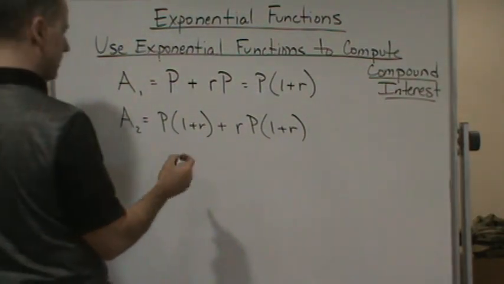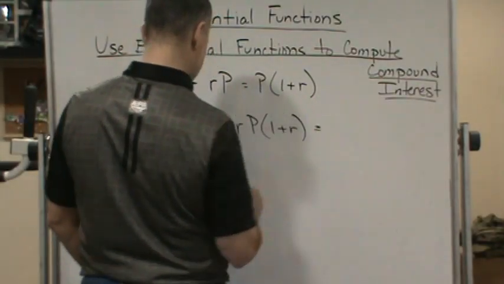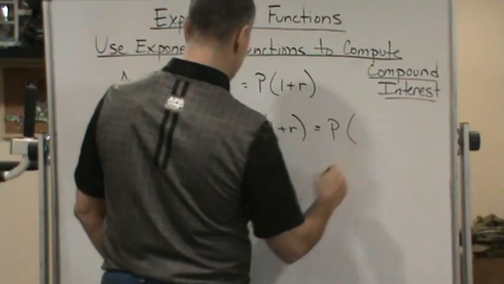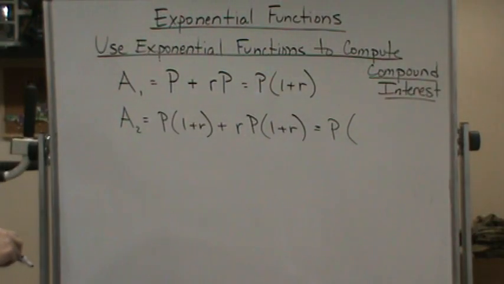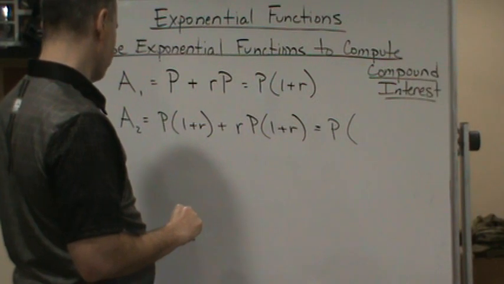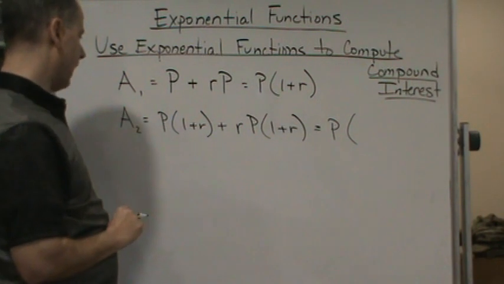Okay, now what happens here? If we factor out the P, what do we end up having?